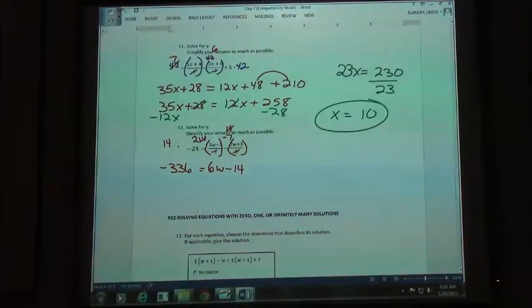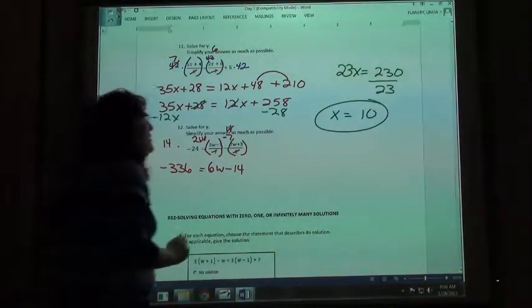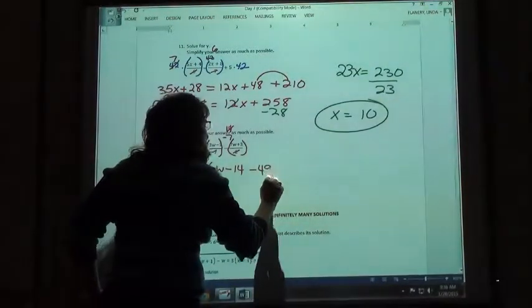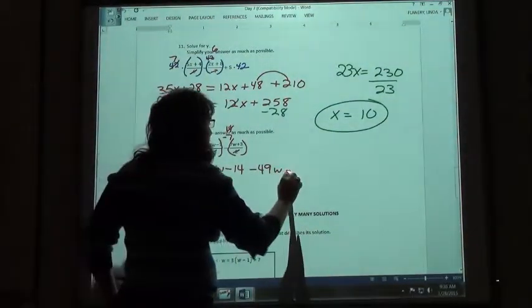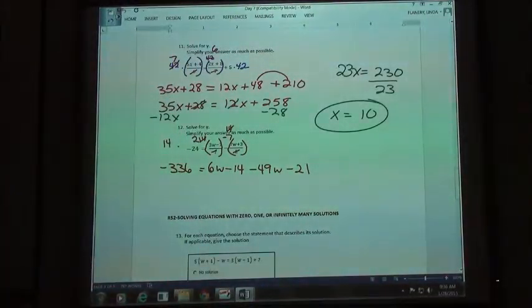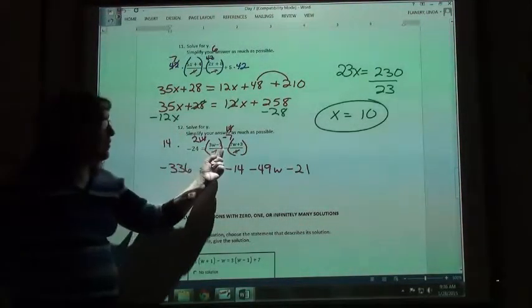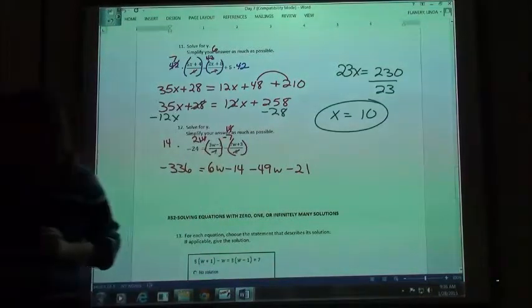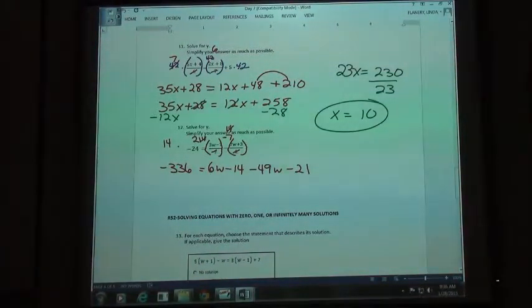And so if you do that, you get negative 49w minus 21. So be really careful when you've got the minus in front that you remember to put it up there and distribute it. That's usually the mistake people make.